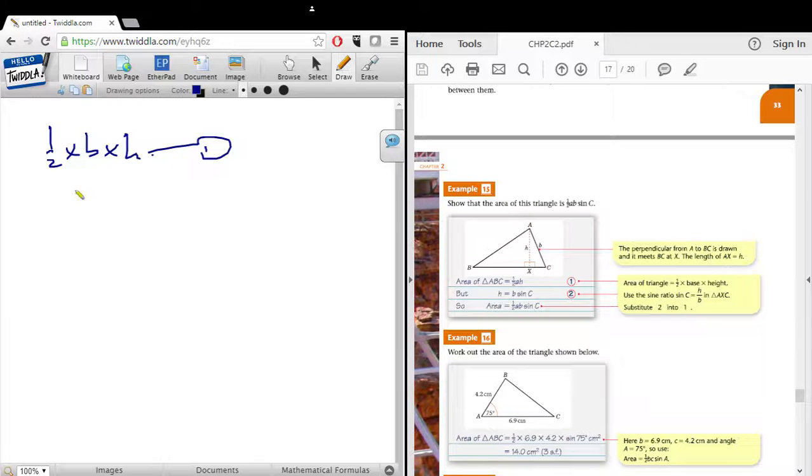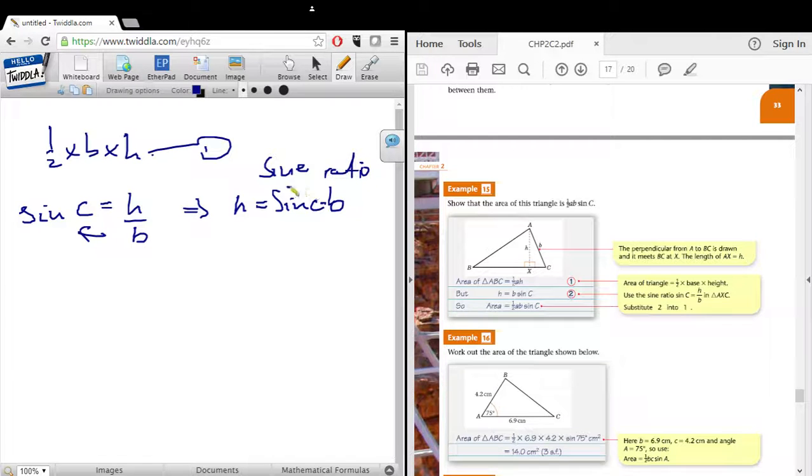Then if we use the sine ratio, sine C equals H over B, that means we have H equals B sine C. This is again the sine ratio as denoted above from the ratios, if you recall, the cosine and tan ratios from the other examples we had above.